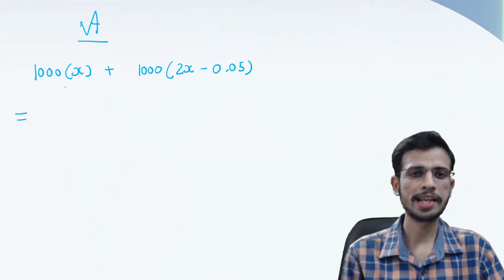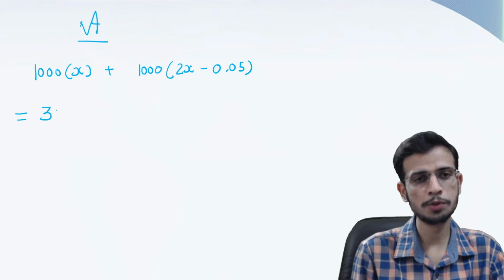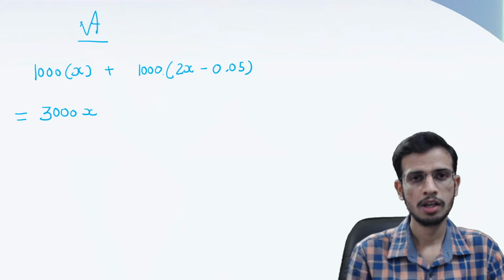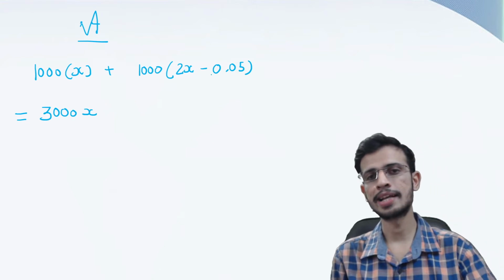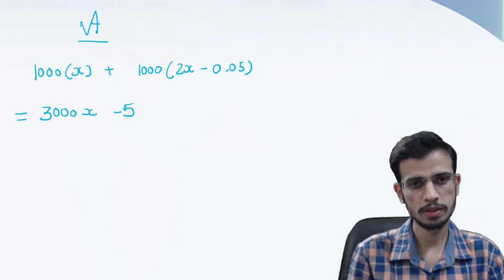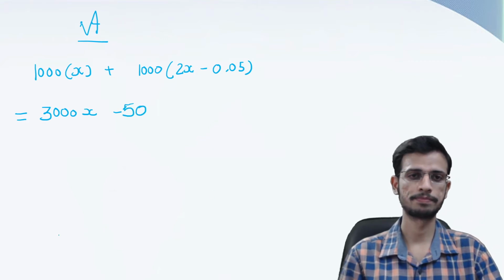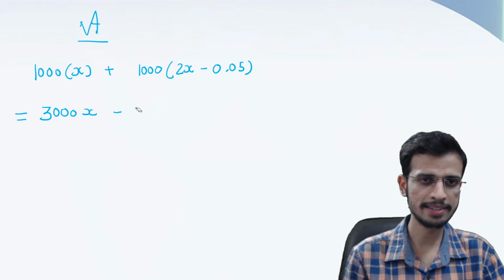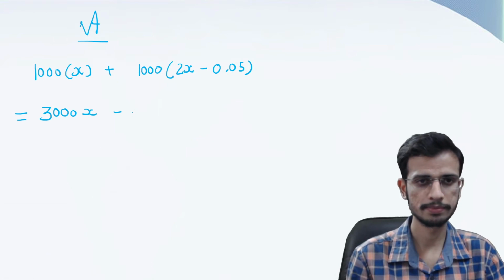So 1000 times x plus 2000 times x, that will become 3000 times x. 1000 into 0.05 with negative sign, that will be minus 50. So this is our quantity A, right? This is our quantity A.